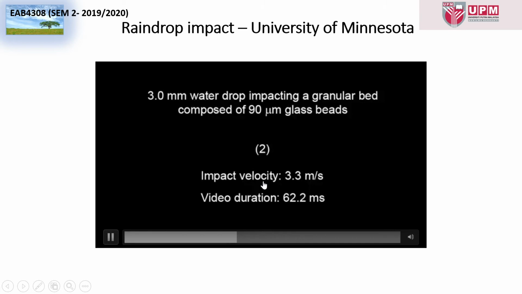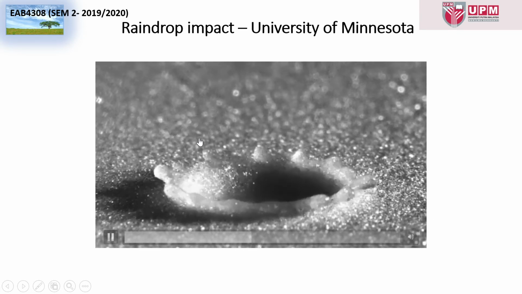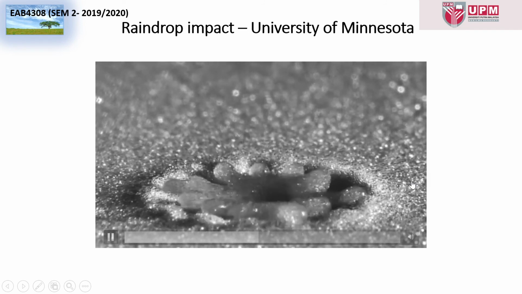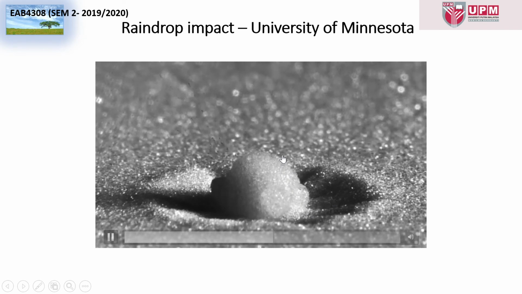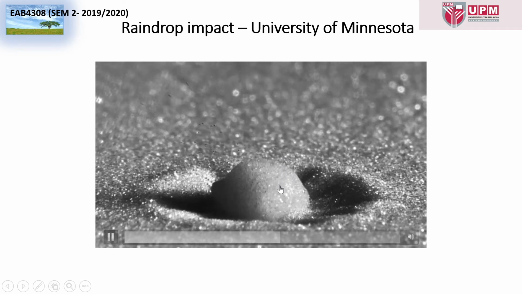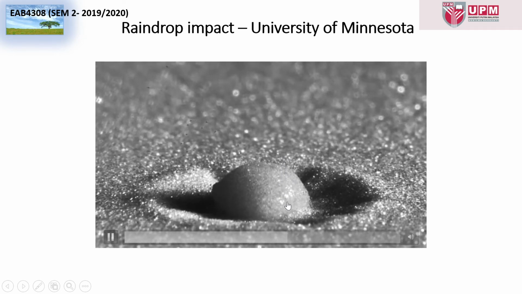Now we have higher impact velocity, 3.3 meter per second, with the same diameter of water drops. So the impact now is higher. It bounces up and down again. And it forms a granule.